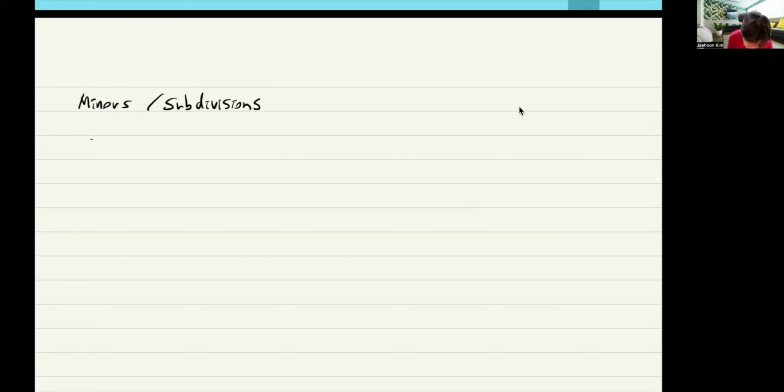So, a subdivision of F is what we get when we start from F, let's say your F is K4. What you do is replace each edge with a path of certain length.